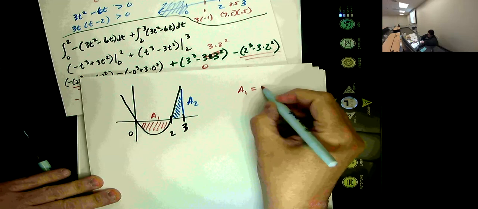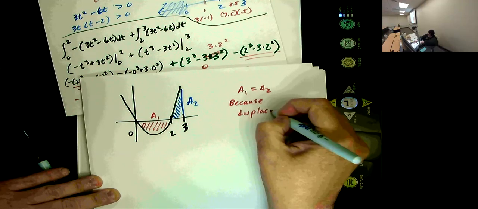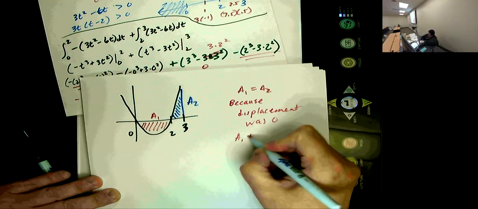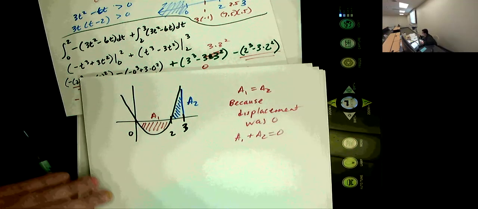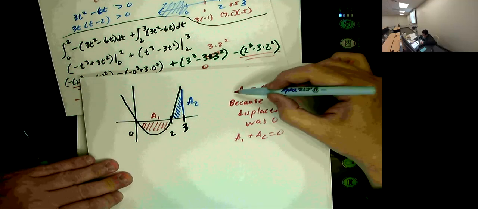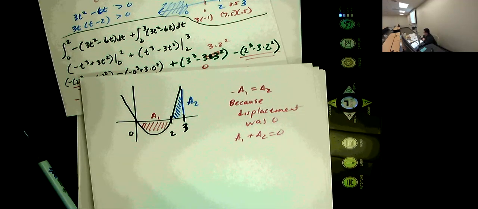And the area, if this is A2 and this is A1, it just so happened that A1 equaled A2 in this example because displacement was 0. And displacement being 0 means A1 plus A2 equals 0, which means one of them has to be the negative of the other one. Yeah. But figuring out how much it actually moved, not so much.